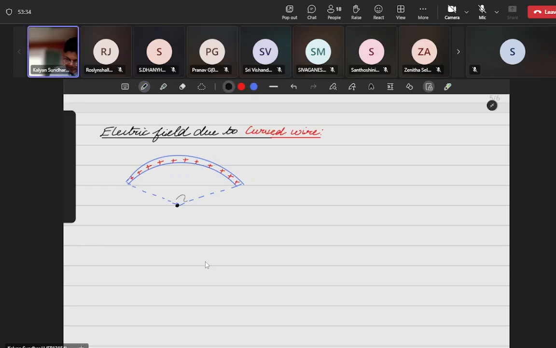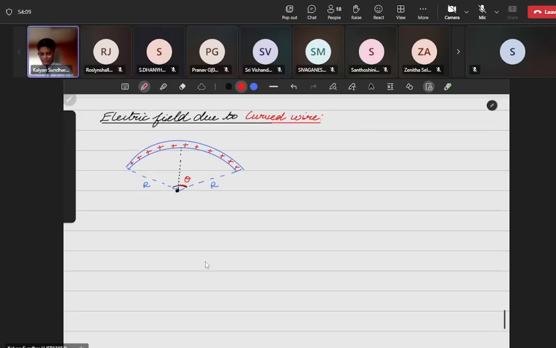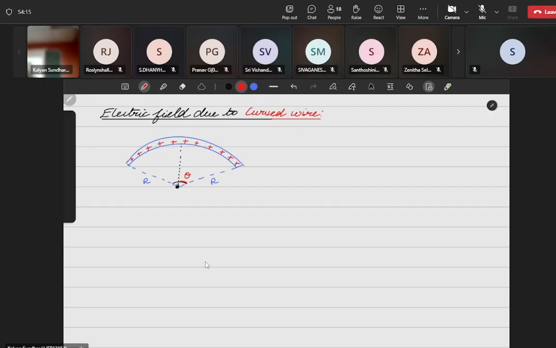So the total angle subtended, let one angle be theta. So this is theta 1, right? And this is of radius r. Now you tell me, due to the positive charge at this point, will the field be away, right?